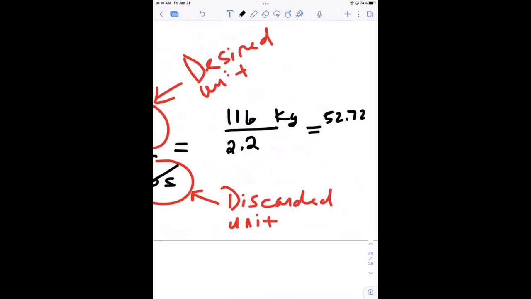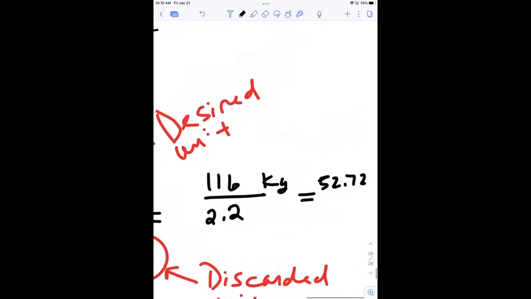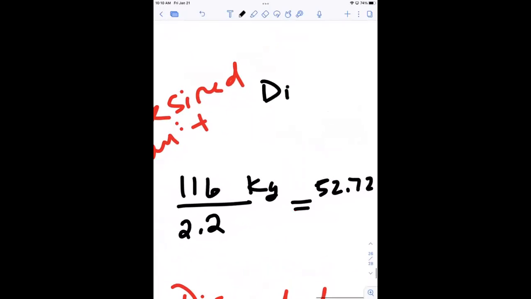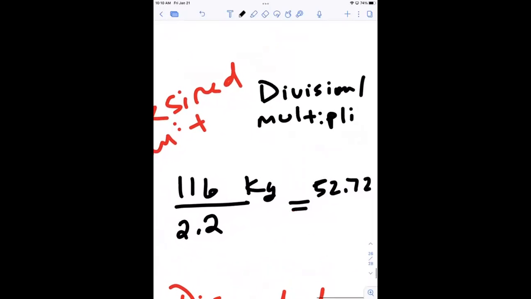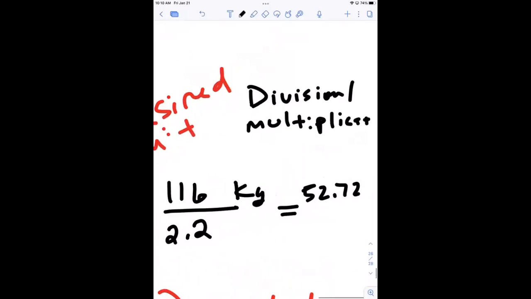So when you're doing division or multiplication, what's the rule for sig figs? Hold up 1 second.